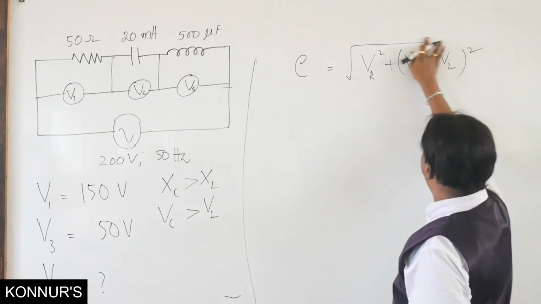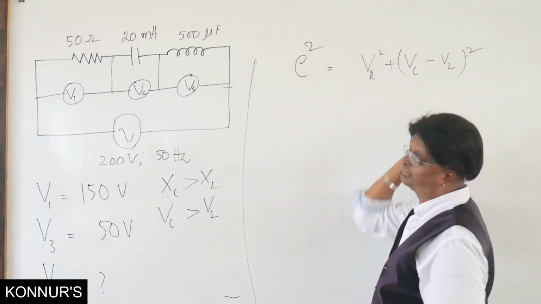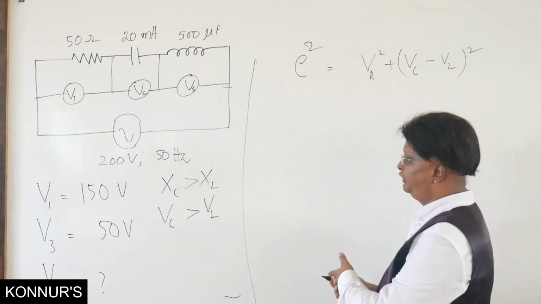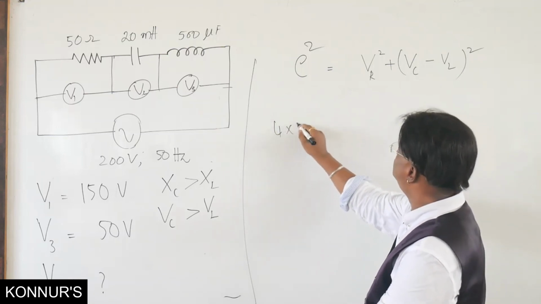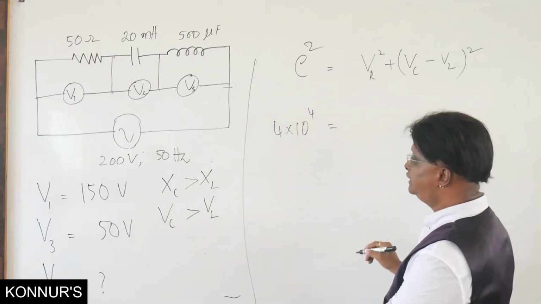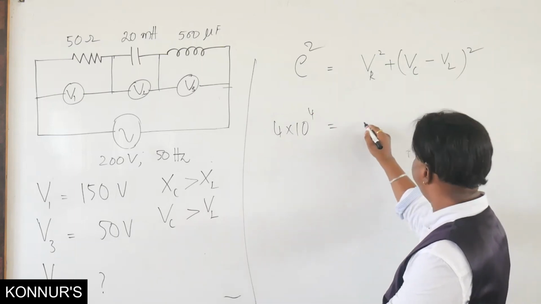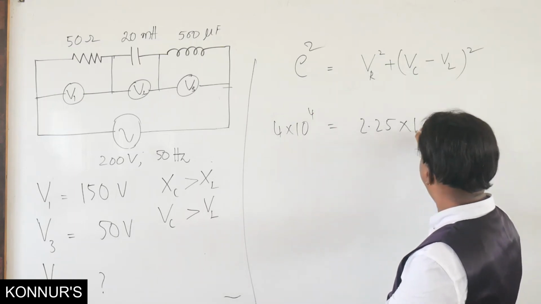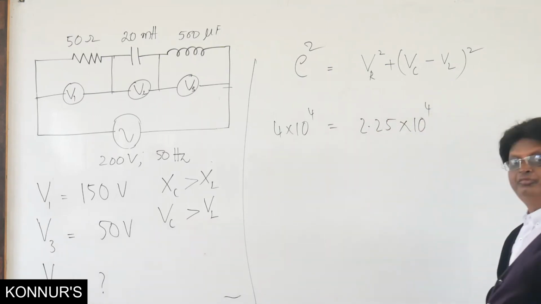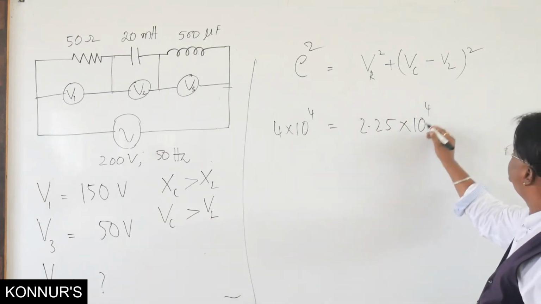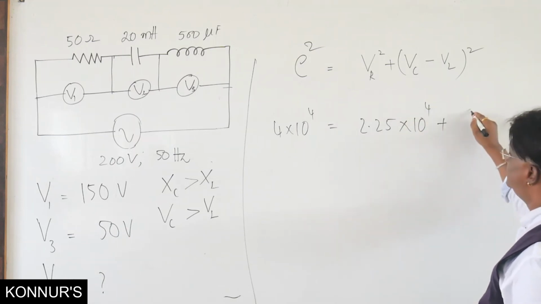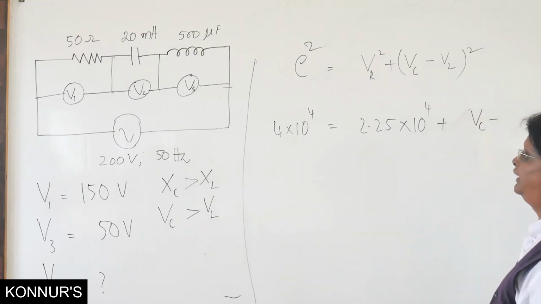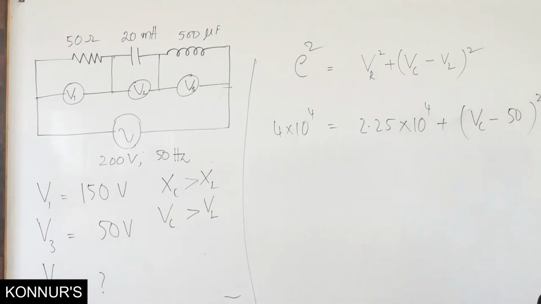Now I will take the square, so E squared is equal to, on substitution, E squared is 4 into 10 raised to 4, VR squared is 15 squared, 225, that is 2.25 into 10 raised to 4, plus VC minus 50 whole squared.